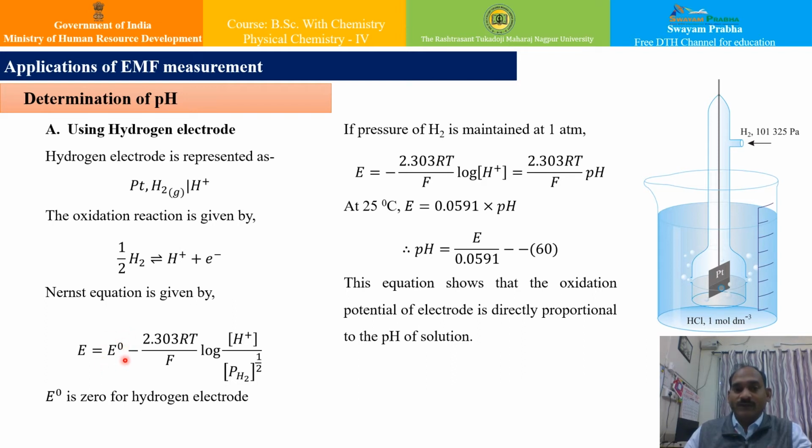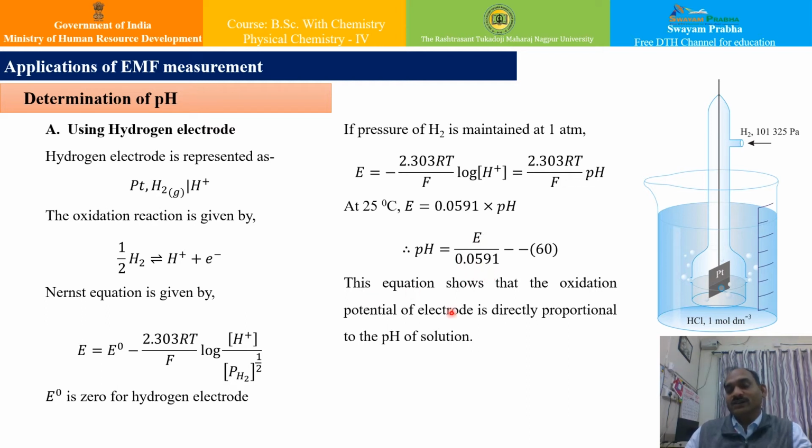If I can maintain the pressure of hydrogen at 1 atmosphere, I can rewrite this expression in this form, which gives 2.303 RT upon F into pH. Now if I know the EMF, and all these values are known to me, I can find out pH, and therefore pH is EMF upon 0.0591 for the standard condition.